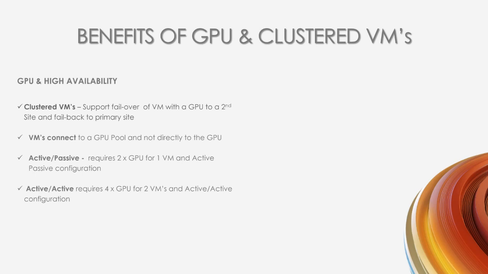And you would then create a GPU pool, and you would then assign a VM to one pool on one site and a VM to another pool in the second site. And you would have 2 GPUs free on each site. So 1 GPU in each site, 2 GPUs free, to allow those VMs to have failover as an active service. So providing an active service, but also support failover and also failback.